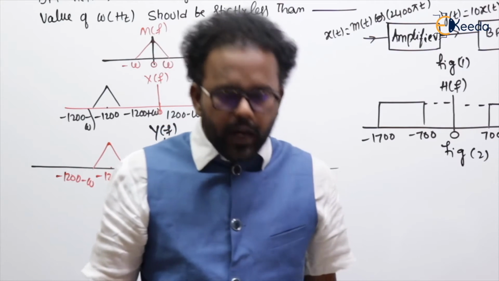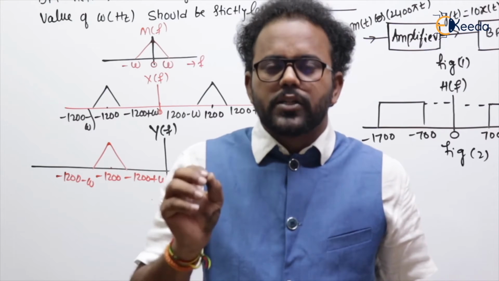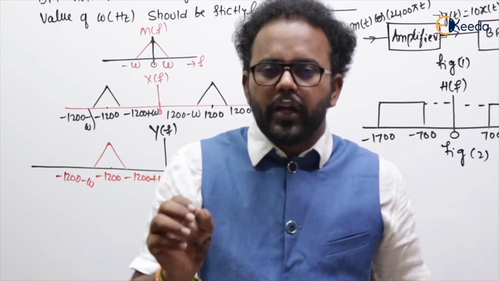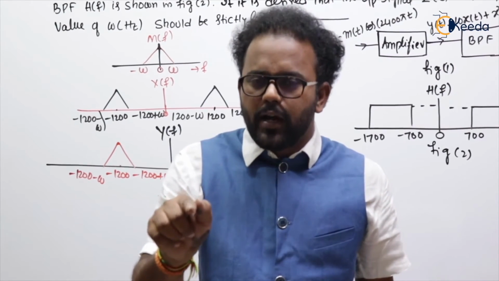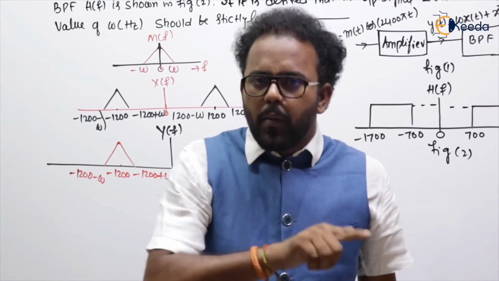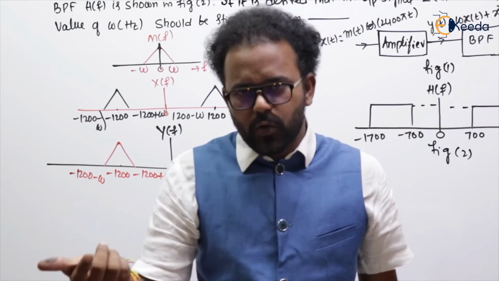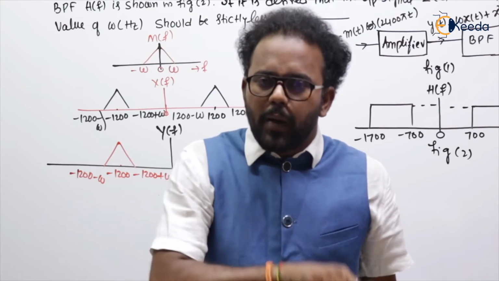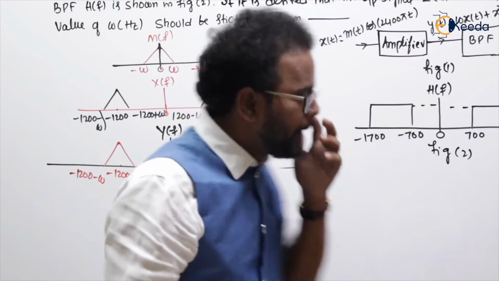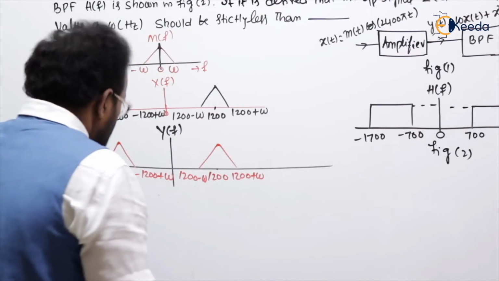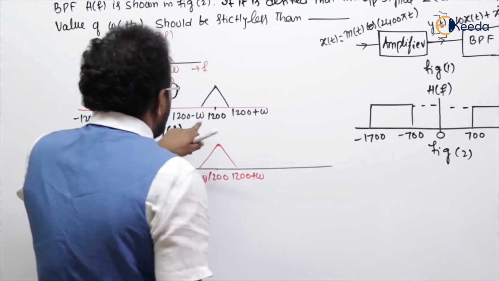Suppose x of t has frequency components from minus omega to plus omega, then x square will have minus 2 omega to plus 2 omega. x cube will have minus 3 omega to plus 3 omega, like that. Follow. So obviously x square will be multiplied with 2.